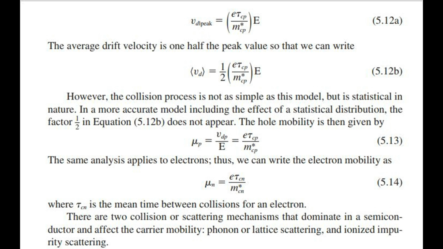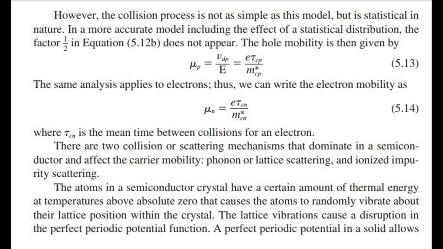There are two collision or scattering mechanisms that dominate in a semiconductor and affect the carrier mobility: phonon or lattice scattering, and ionized impurity scattering. The atoms in a semiconductor crystal have a certain amount of thermal energy at temperatures above absolute zero that causes the atoms to randomly vibrate about their lattice position within the crystal. The lattice vibrations cause a disruption in the perfect periodic potential function.